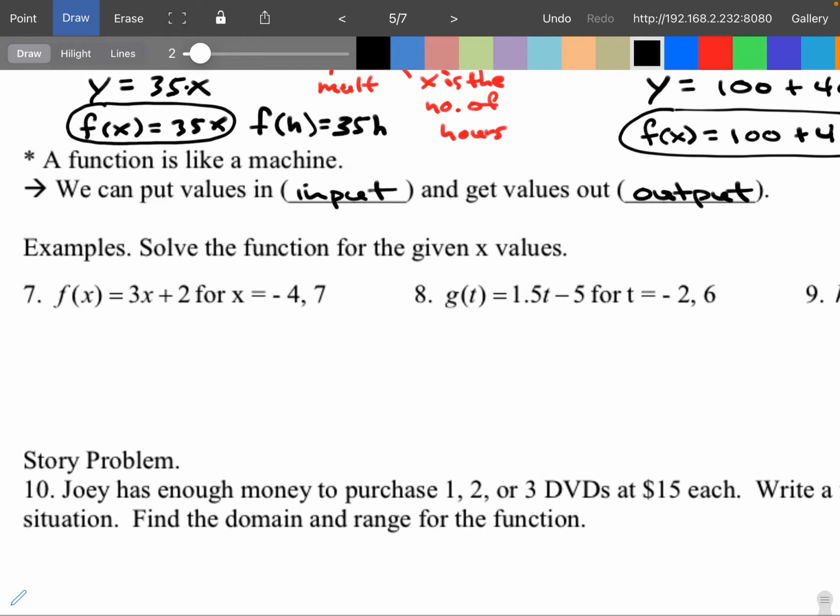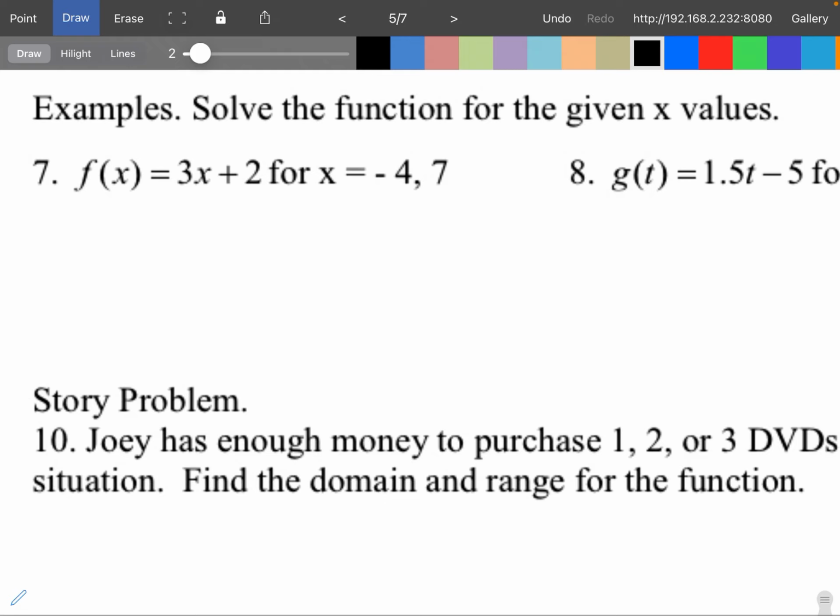And we're going to get out our output. And our output, if you think back to that chart we filled in, is the same thing as the y value or the dependent variable value. It's the output.